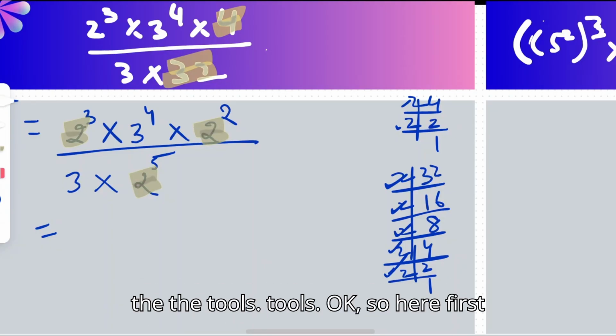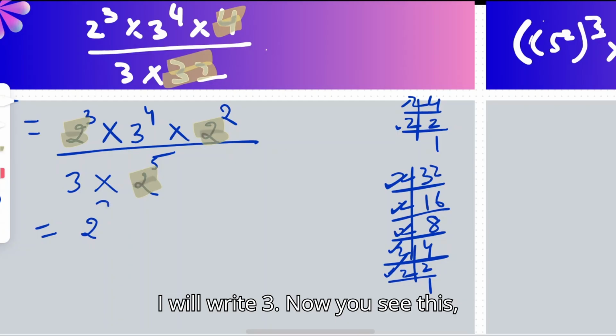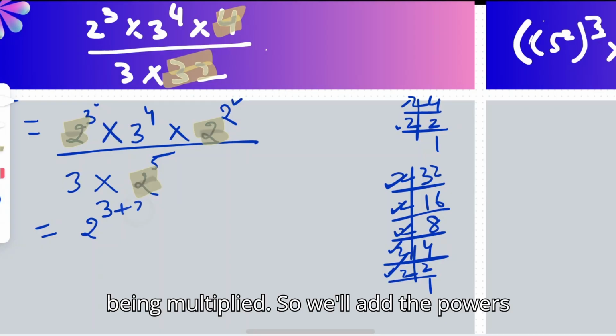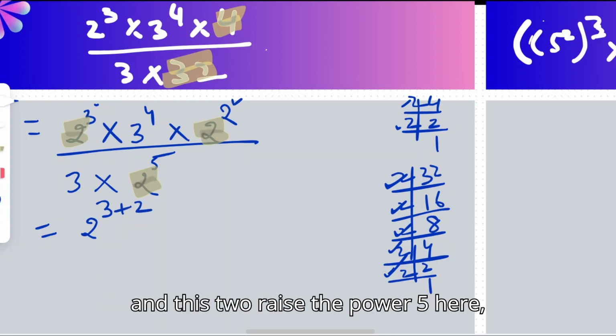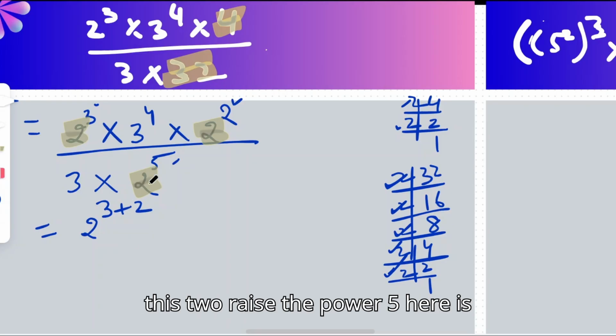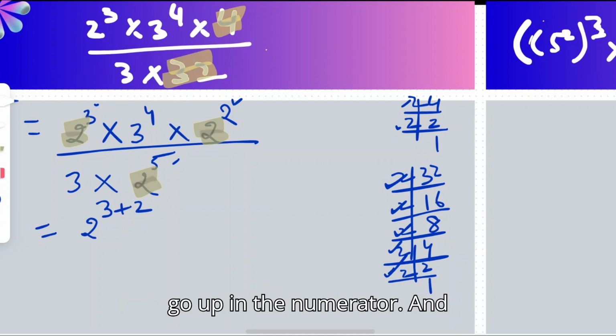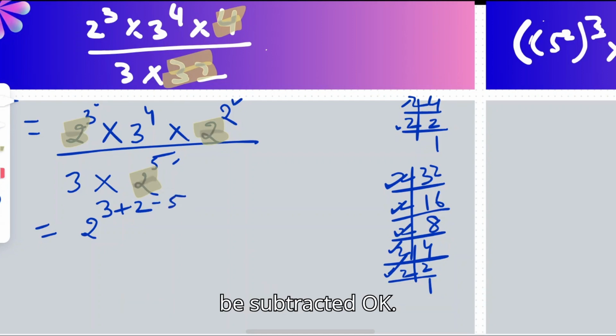Okay, so here first I will write 3. Now, you see this that 3 and 2 here, these two are being multiplied, so we'll add the powers, and this 2 raised to the power 5 here is being divided, right? So this power will go up in the numerator and be subtracted.